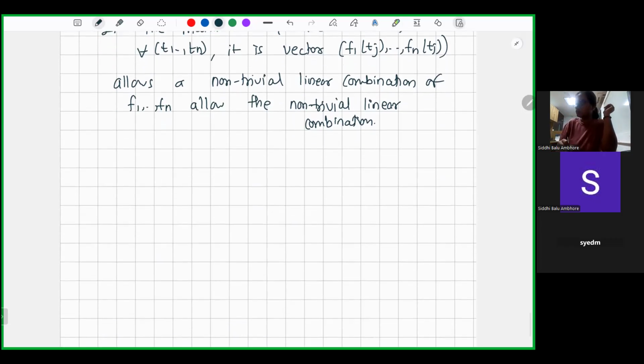So hence, but F1 to Fn are linearly independent.